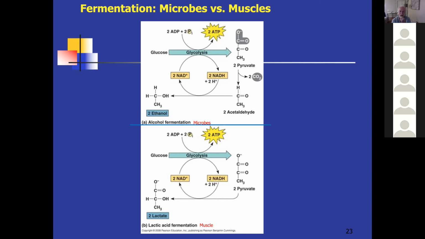I wonder if it's just speed, because you would need time for the carbon dioxide to actually be released, and for lactic acid fermentation, it just needs to use the pyruvate immediately. Yeah, it could be a rate factor, that muscle is calling for ATP immediately, so it doesn't have time for acetaldehyde, whereas yeast is in no rush. Yeast is just sitting around in an anaerobic environment.